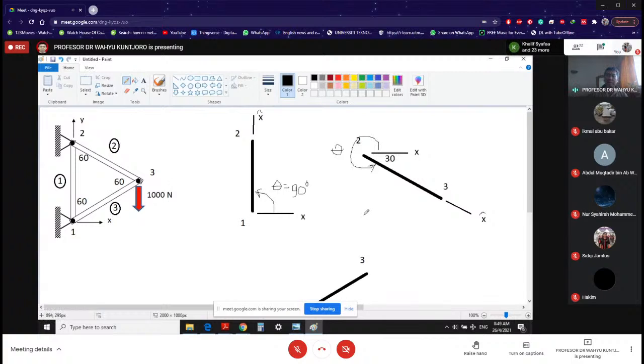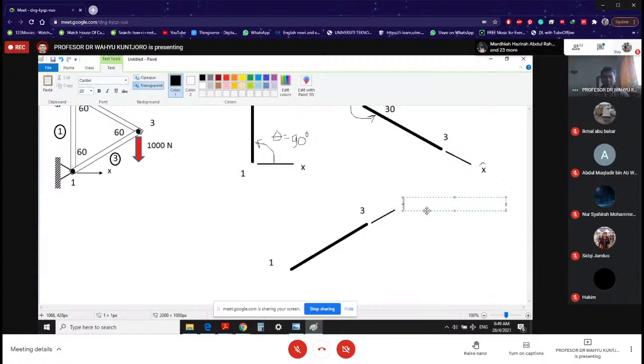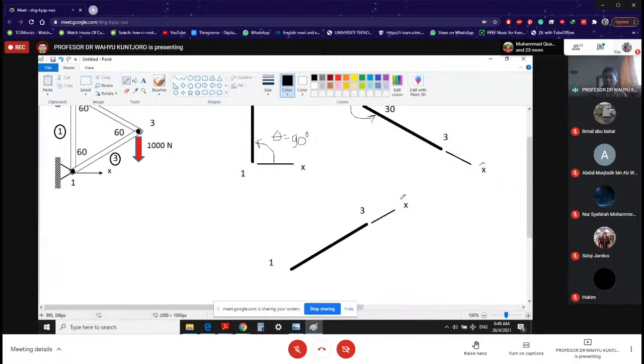So now we know our orientation angle for element number 2. What about element number 3? So this is your element number 3. Now, X local is going to be from node 1 to node 3. So that is going to be X local. And I am going to draw the top hat here.